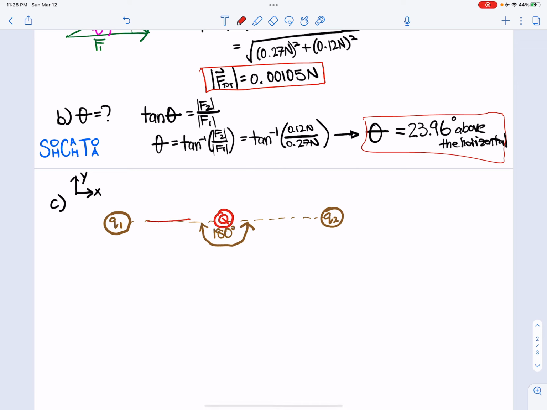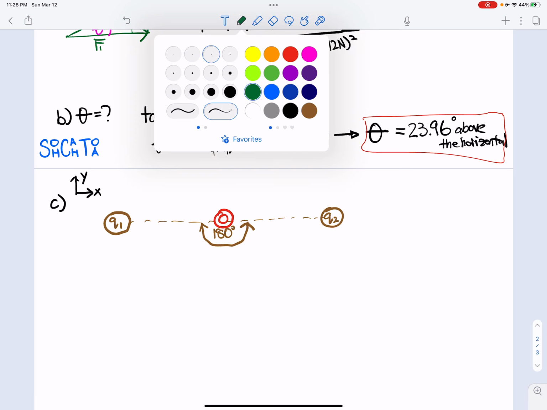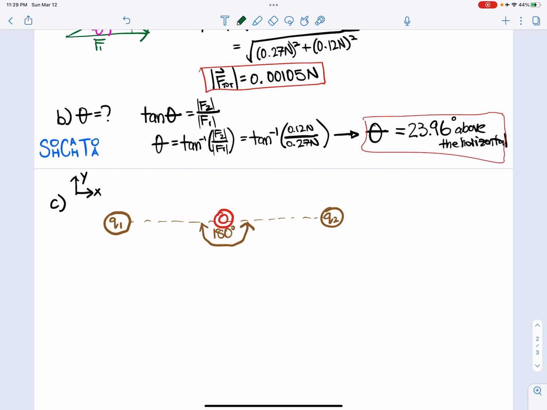Because everything is going to be pushing horizontally. So there's going to be a force F1 here, and the force F2 this way. But it won't feel any forces along the y direction, so it's just an x component of forces.